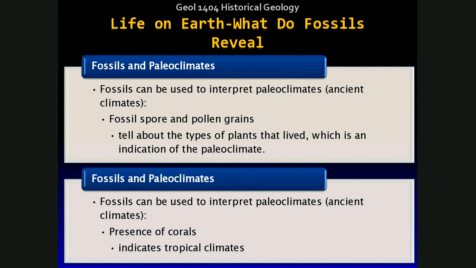Likewise, if the fossil that was found in limestone, for example, was made by a coral, then we know that for corals to grow, they require a shallow marine environment. They need warm ocean waters. They need clear water.